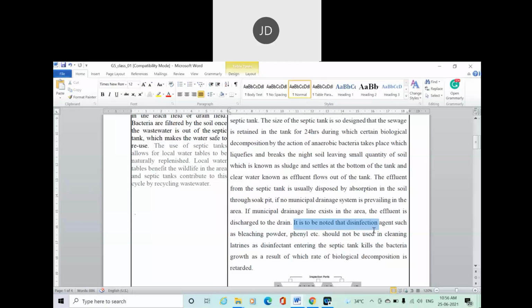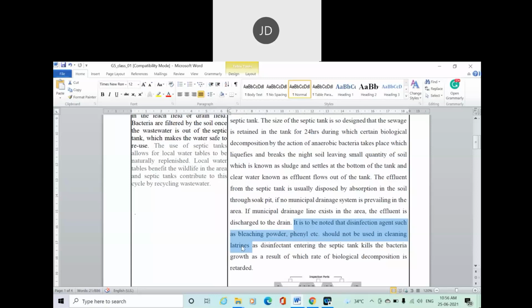that means it is noted that disinfection agents such as bleaching powder, phenol should not be used in cleaning latrines. Okay, basically we are not going to use bleaching powder or phenol in latrines, because if you are using bleaching powder or phenol to wash the latrine in a household, that bleaching powder or phenol mixed water will go to the where? It will go to the septic tank finally, right?